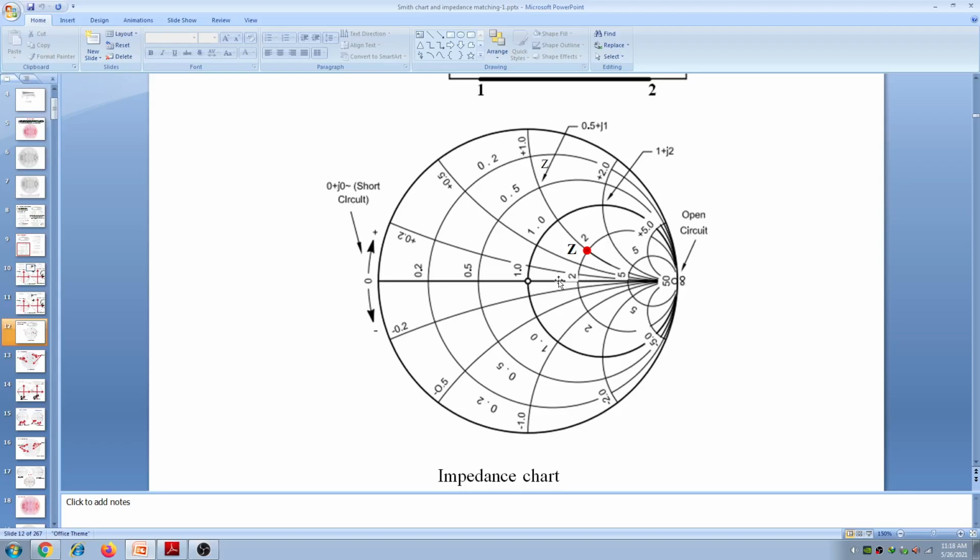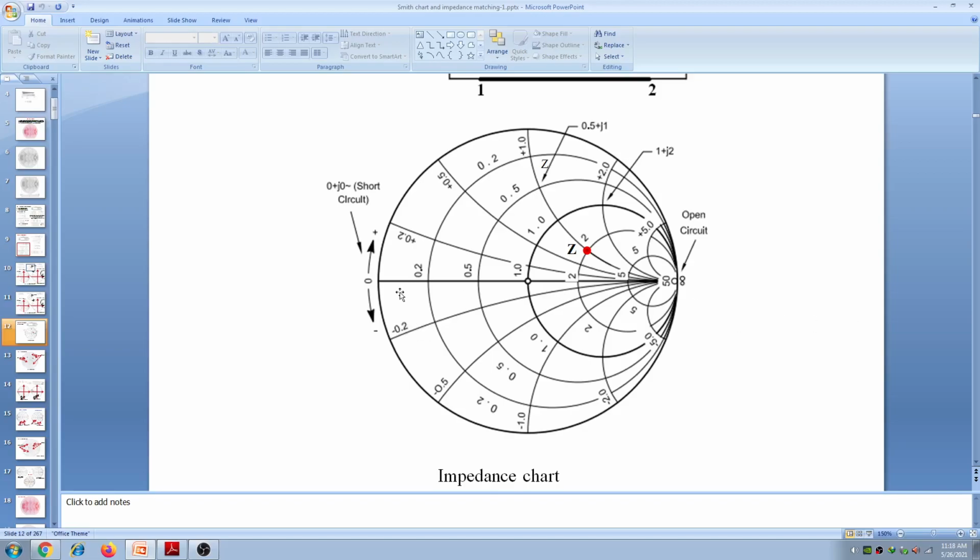All these are resistance values. Similarly, this circle is a resistance circle with value 5. In between there may be other circles, and you have to consider those values by doing problems. And this is the minus 5 reactance circle. Similarly, this is a reactance circle, minus 0.2.